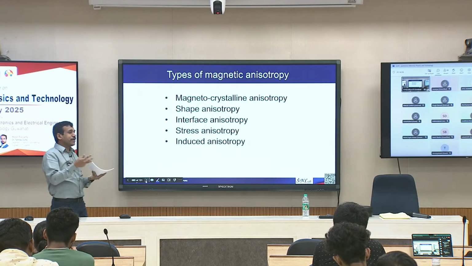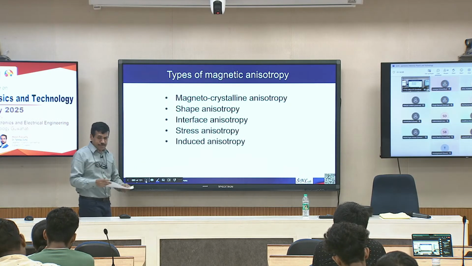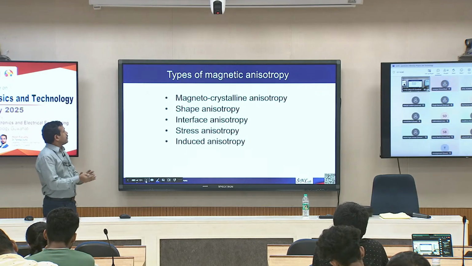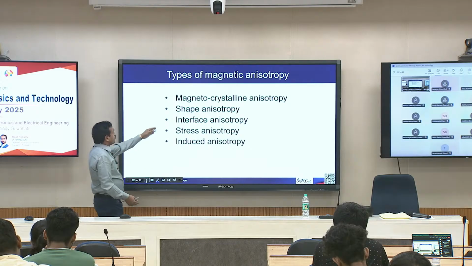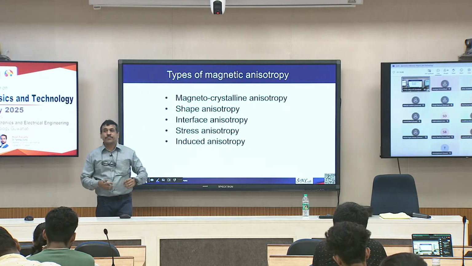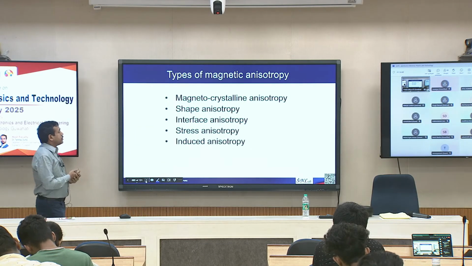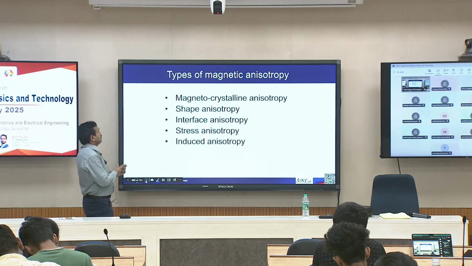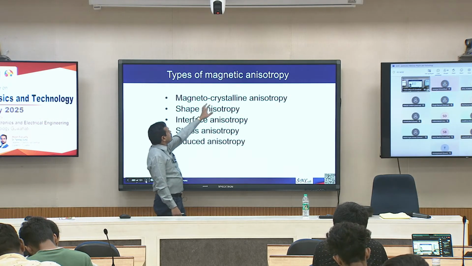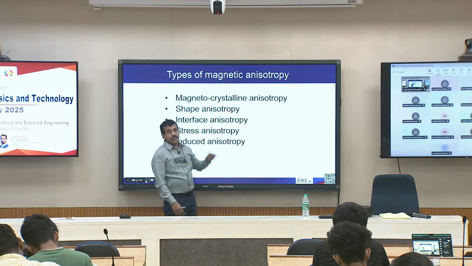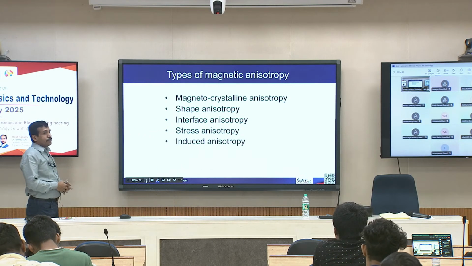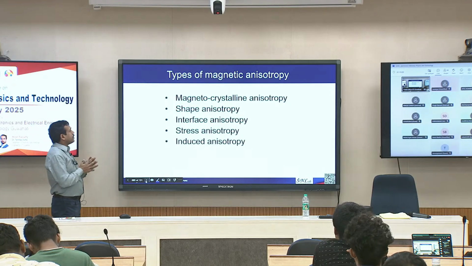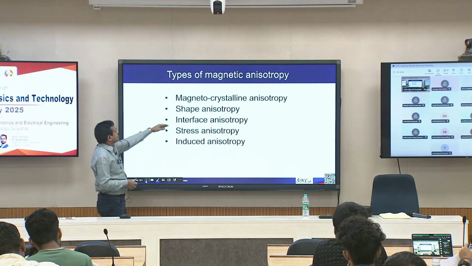So, the topography gave rise to the anisotropy. In the case of magnetic materials, this magnetic anisotropy can come from various sources. It can come from the crystallographic nature of the sample. When the anisotropy comes from the crystallographic nature of the sample, we call it magnetocrystalline anisotropy. And if it comes because of the shape of the material, then we call it shape anisotropy.